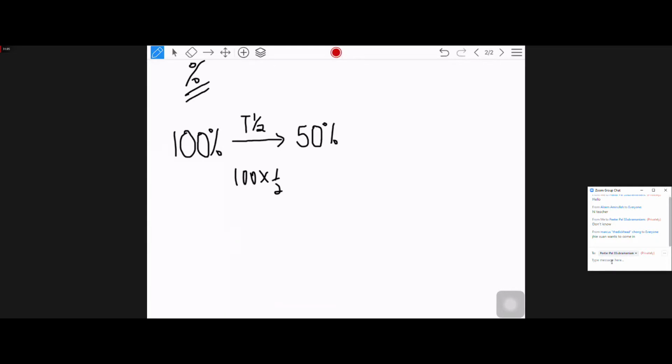Then after another same half-life time, you must understand, guys, for example iodine-131 has a half-life of 8 days. Every 8 days, these are all perfect 8 days.